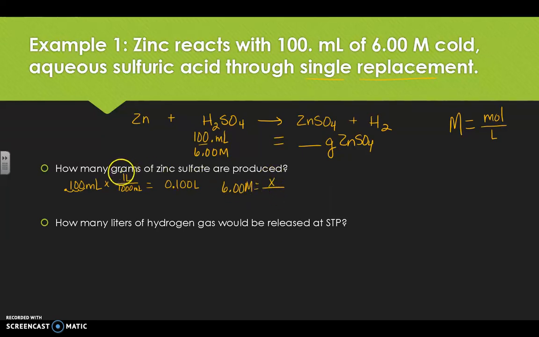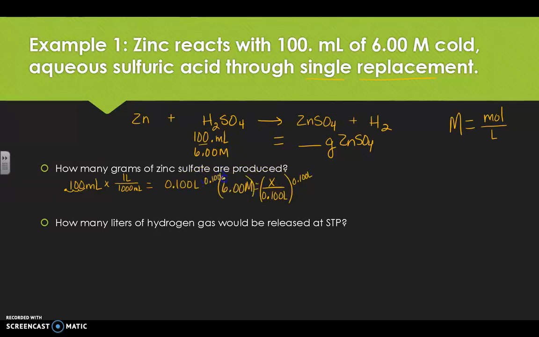No, we're not, Ms. Ruark. We're looking for grams. Right. But we can go from moles of one thing to moles of another thing to grams. Oh, yeah, that's right. Okay. All right. And then for liters, we plug in 0.100 liters. Now, to get rid of this, I have to multiply both sides by 0.100 liters. What I do to one side, I have to do to the other side.